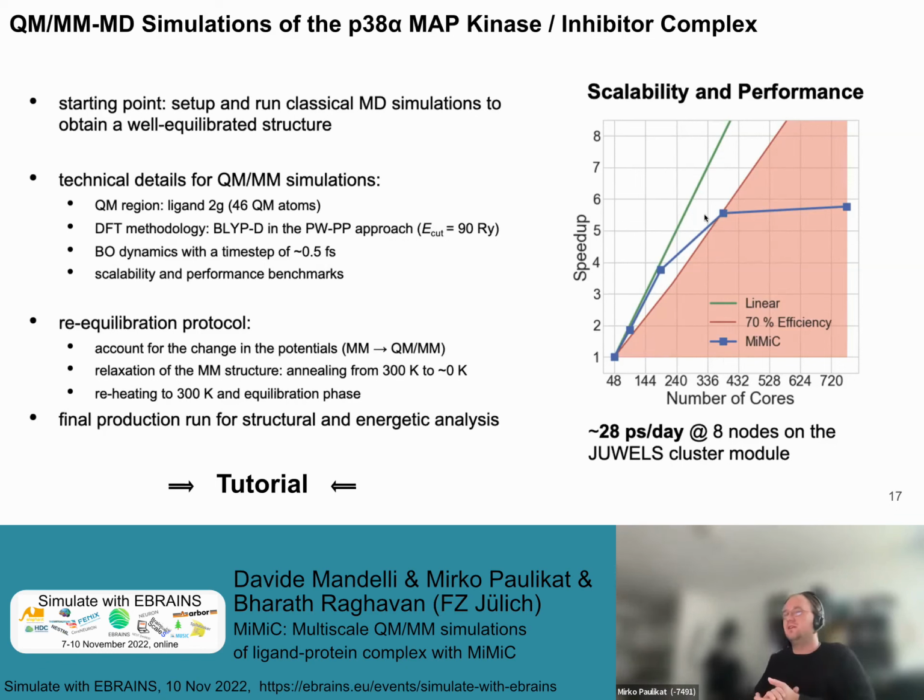These are the settings I'm now using to simulate such a system, and with that we can obtain 28 picoseconds per day on 8 nodes, which is really good for QMMM simulations.